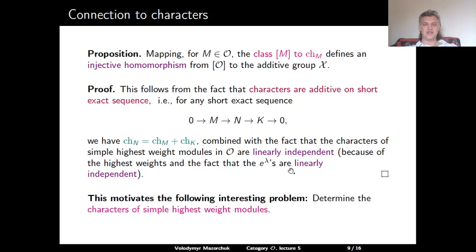This observation motivates the following interesting problem: how to determine the characters of simple highest weight modules in category O. We will discuss parts of this problem today, but the final answer will be discussed later on during the course.